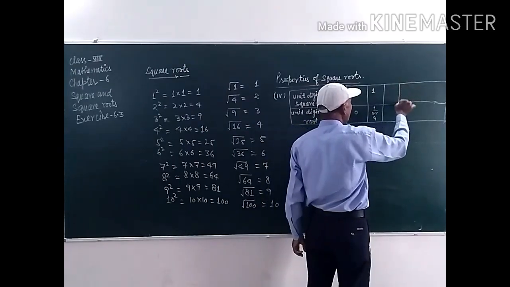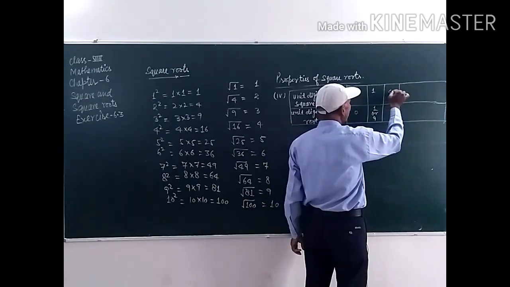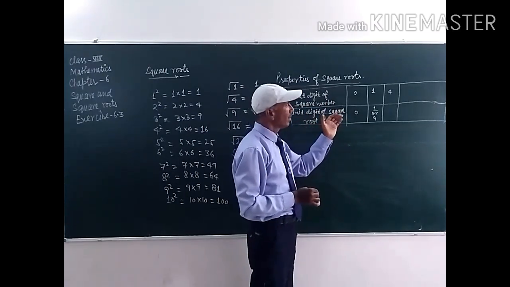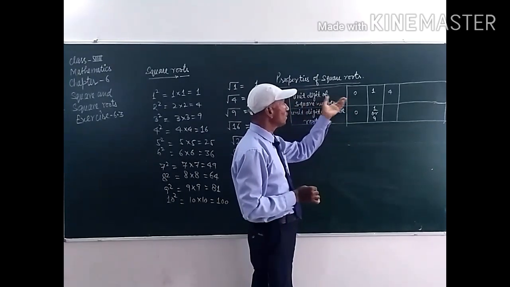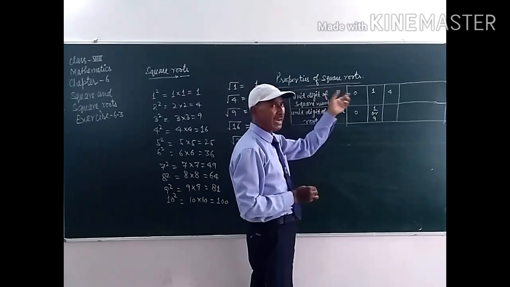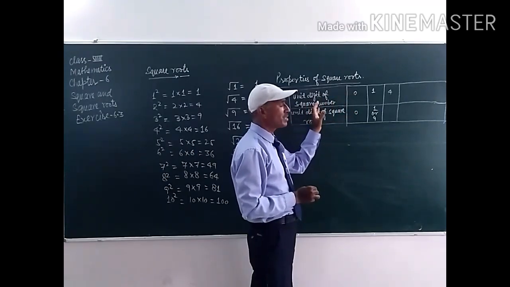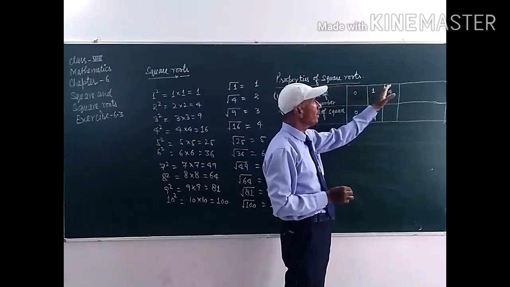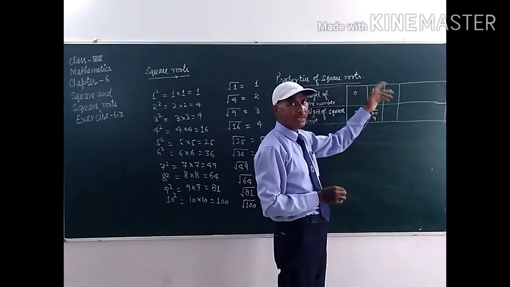And if the unit digit is 4, why 4, students? Because numbers ending in 2 and 3 will have no square root as a natural number. Clear, student? So we have left 2 and 3, 7 and 8.